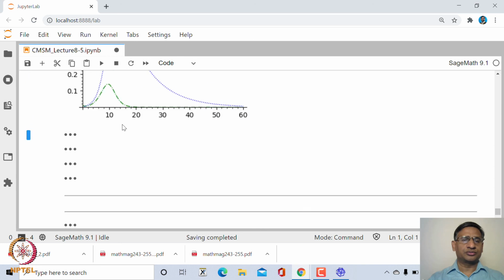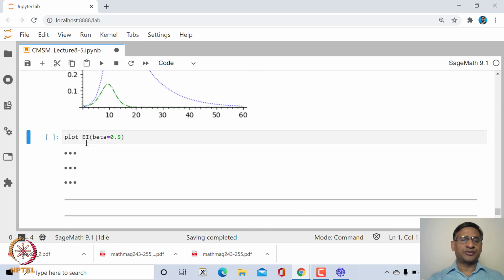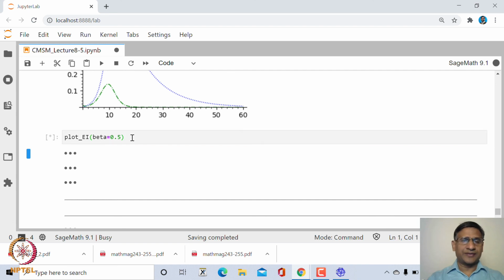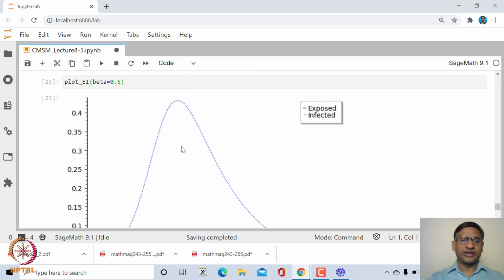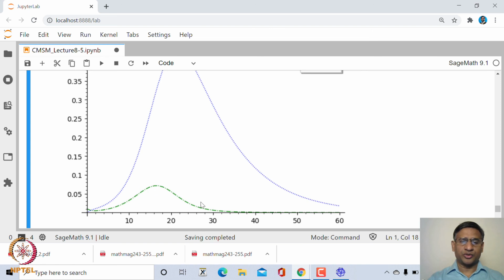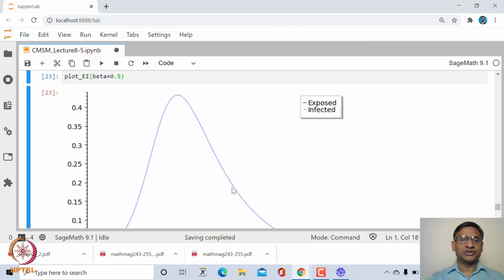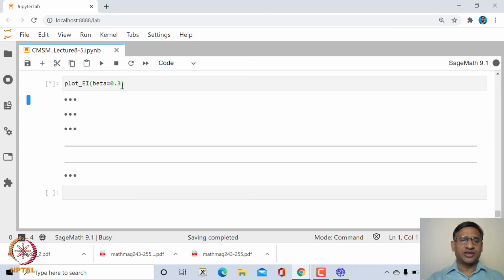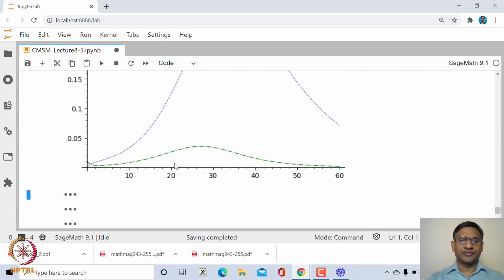If you try to change these parameters, for example, if I plot this for beta equal to 0.5 and still the other parameters gamma and sigma are default, then the plot will be different. Now you can see it is more flat than the previous one. If I further reduce it, for example make it 0.3, it will be even flatter, right.